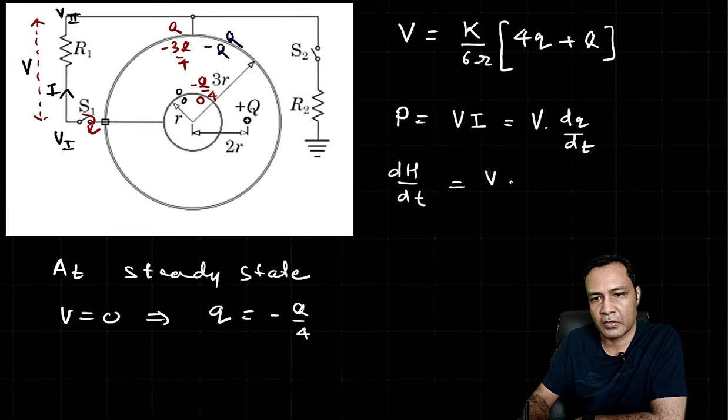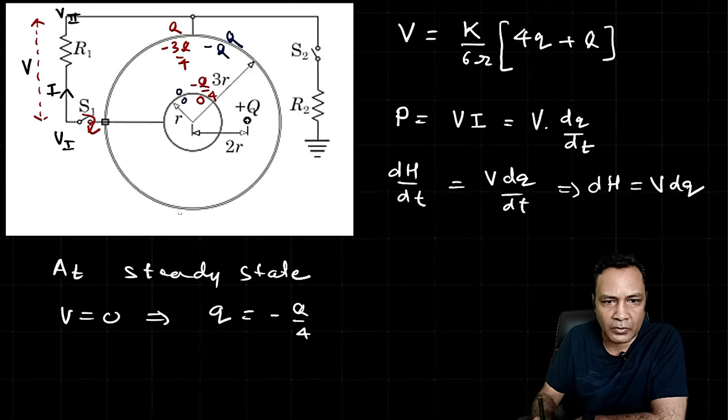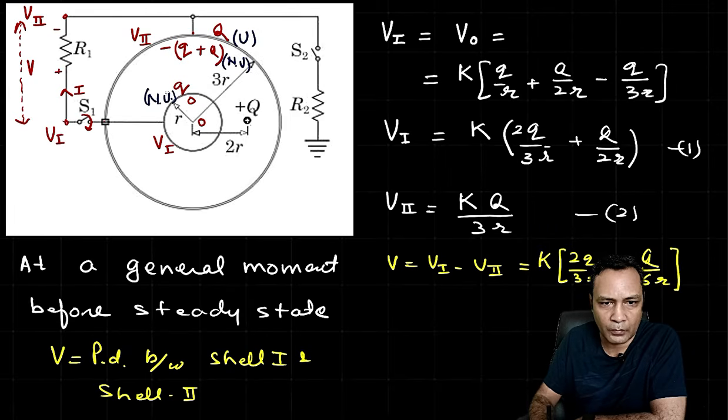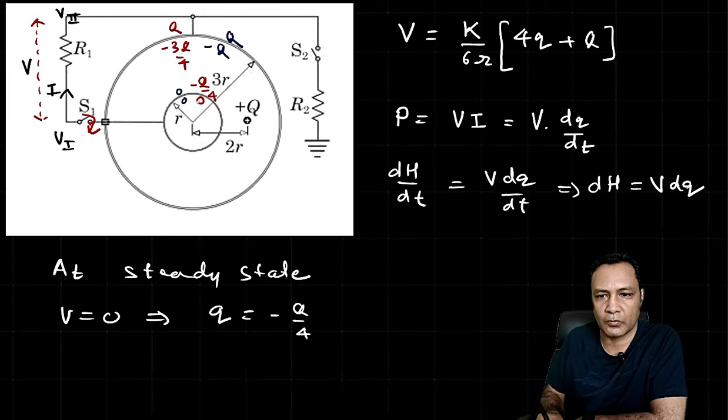So that is V dq by dt. So dH is equal to V dq. And what is dq? dq is the charge that is flowing. At a general moment, the charge here was small q. The initial value of this q is 0 and the final value of q is minus Q by 4.